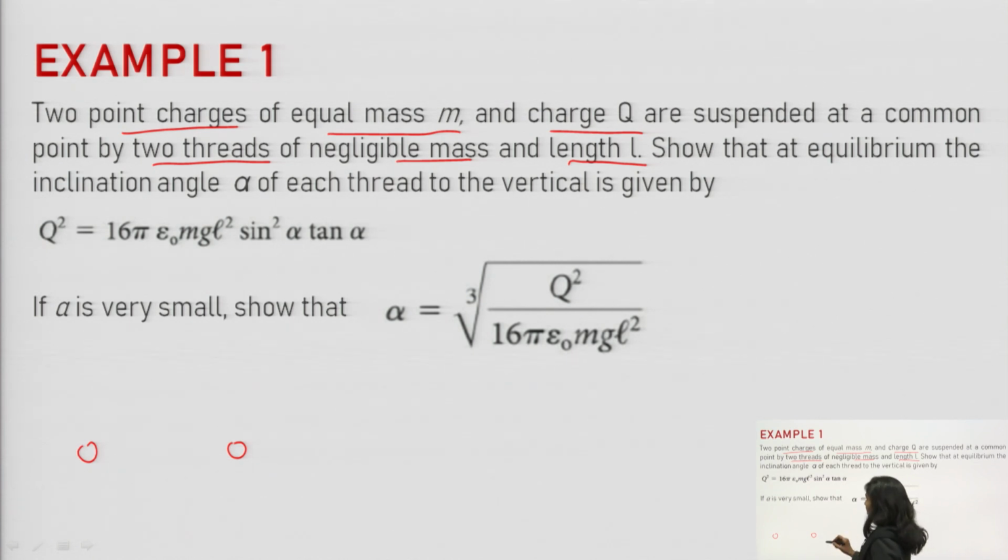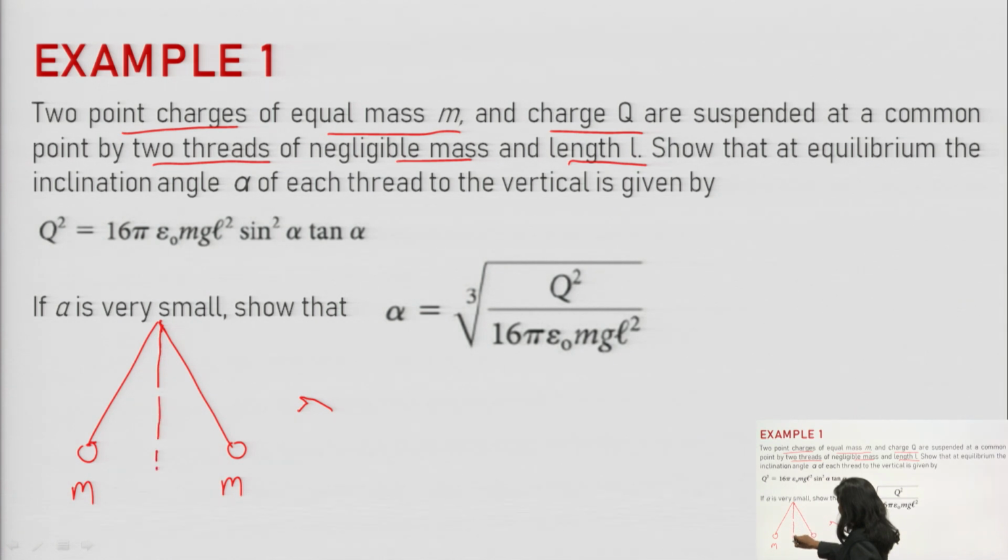These two point charges are of equal mass, both having mass m, and charge q, suspended at an equilibrium position, so it will be like this, which is making angle alpha.